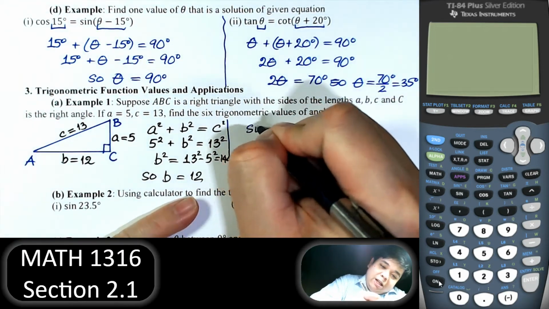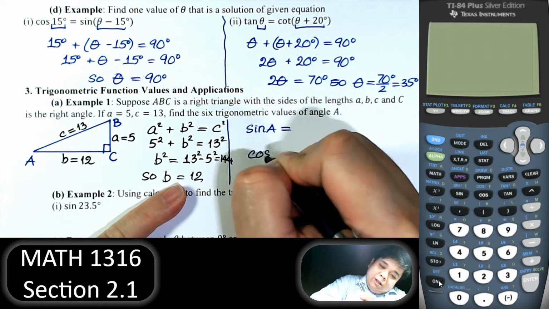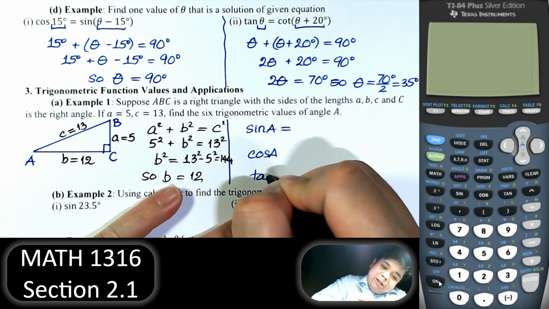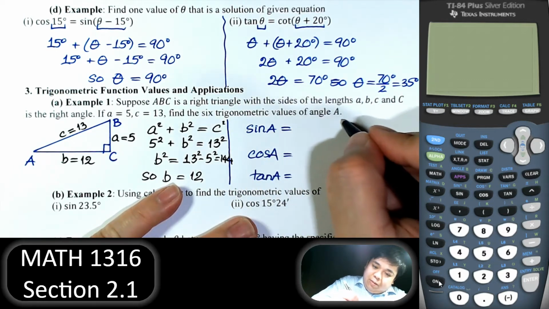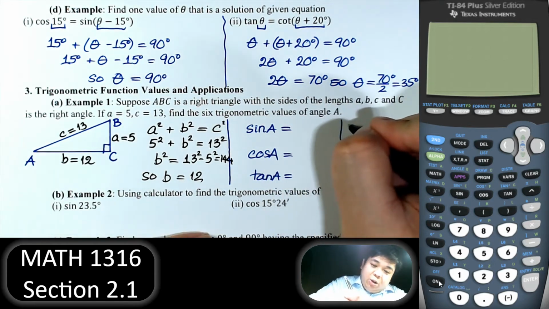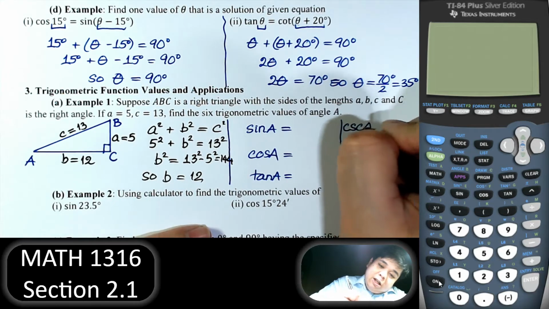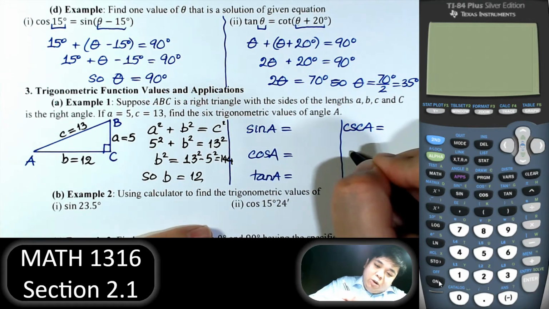So sine of A, cosine, tangent. Once we have those 3, we have the reciprocal functions. Sine, reciprocal of that is cosecant. Cosine, reciprocal of that is secant.